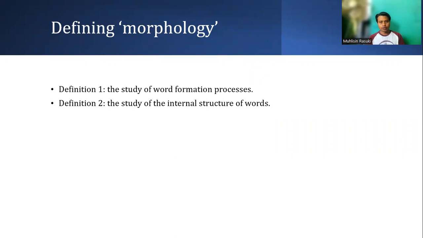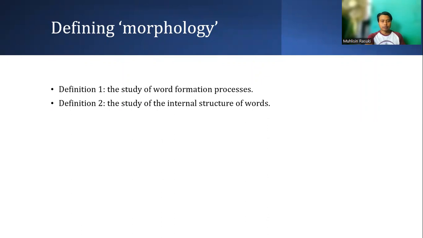And what do these definitions have in common? These two definitions clearly explain that morphology is concerned with word level analysis. And that's what we are going to deal with for the rest of the semester.